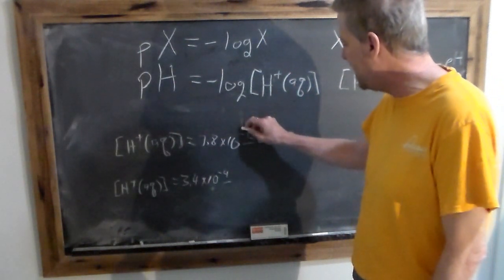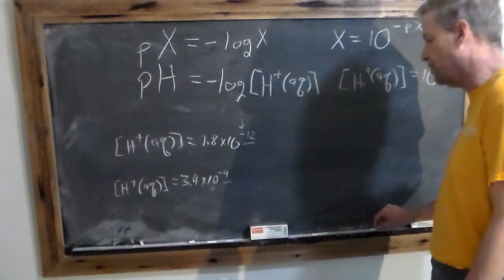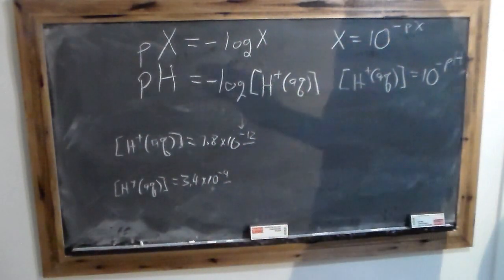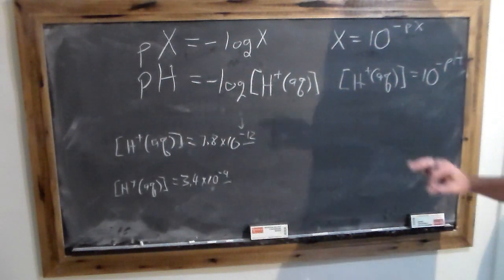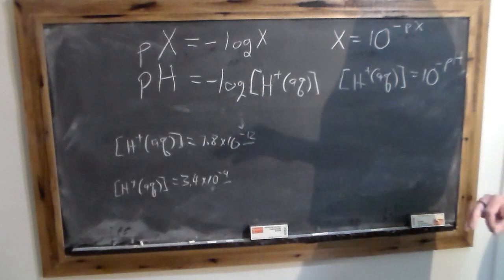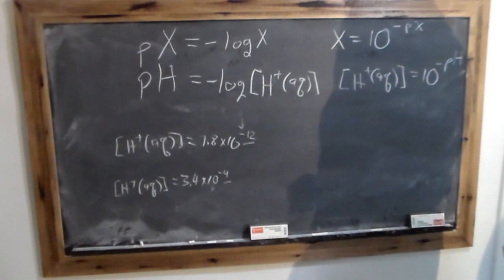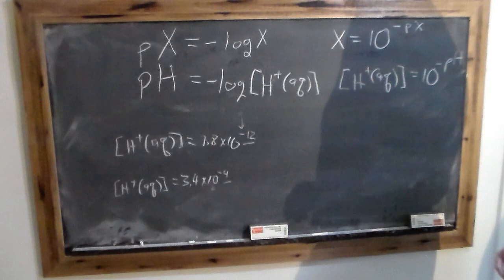And notice we have a negative in front of it. So 10 to the negative fourth, 0.00034, is much, much bigger than 0.00000000078. You have to consider the powers.